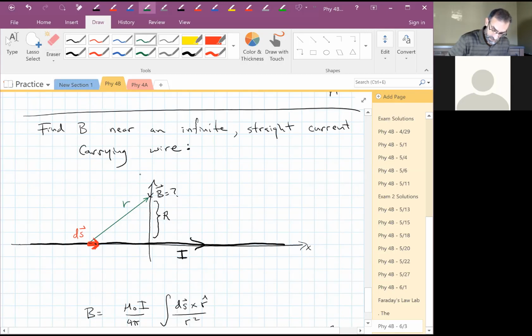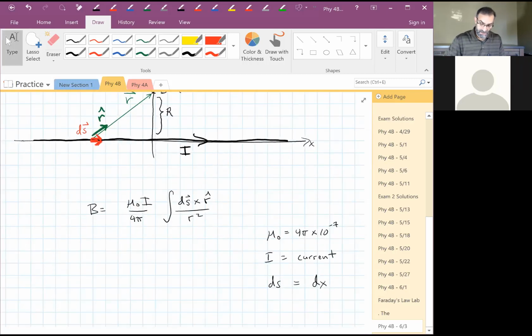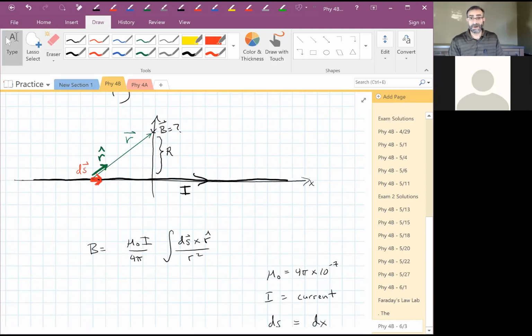And that means that r hat is this little unit vector that points in that direction. So far, so good. So we know mu naught I, we know ds. In our drawing here, we know what r and r hat are.